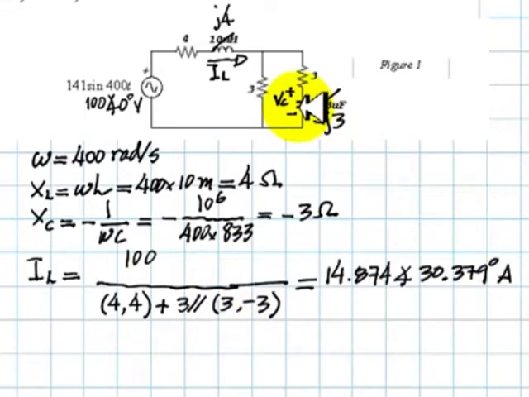And now to find the voltage in the capacitor, to this voltage I will subtract the drop in these 4 ohms, J4 impedance, to find the voltage of this node. And to that voltage I will apply a voltage divider to find VC.